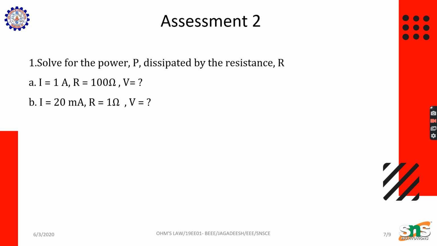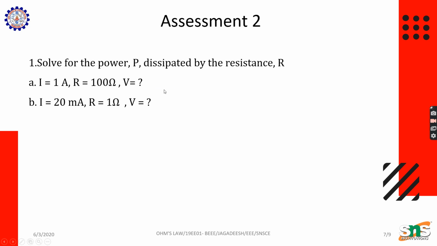The second one is an assessment tool for hands-on experience. Here the current is mentioned, the resistance is mentioned, and we have to find the voltage. You can also use the power relations to determine the power dissipated in the line.